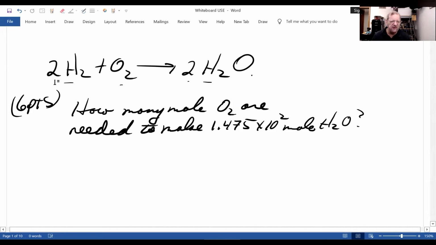And this tells you 2 moles of hydrogen, 1 mole of oxygen makes 2 moles of water. 2 moles hydrogen, when there's no number, it's 1 mole oxygen makes 2 moles of water. Your turn. Use your good buddy, your good friend, unit analysis.